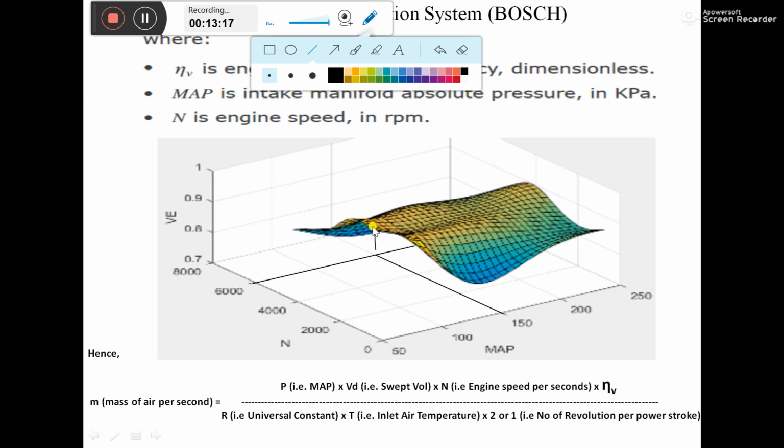Now we must know the z coordinate at this intersection point, the volumetric efficiency coordinate. Here we come to know it is 0.8. So this will be your volumetric efficiency.